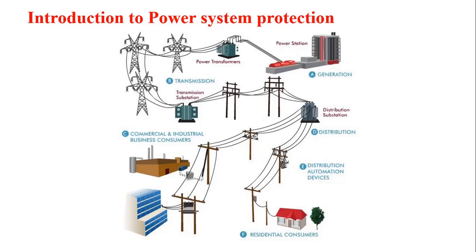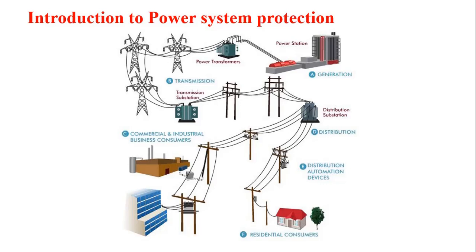But that is the rarest case of occurrence of a fault. The other types of faults are the single phase to ground or line to ground, two phases coming in contact with each other, that is the line to line fault, or two phases coming in contact with each other as well as the ground, that is the double line to ground fault.